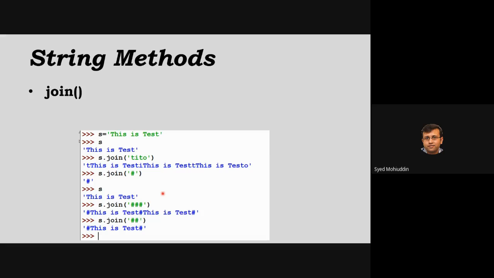Instead of splitting, we can use the join method to join the different strings here. The join method itself will take a string as the argument. So for some string s, s.join, you will get the result as a concatenation of the strings.